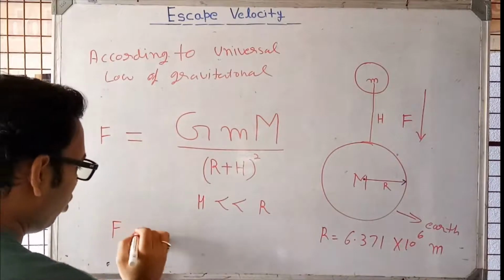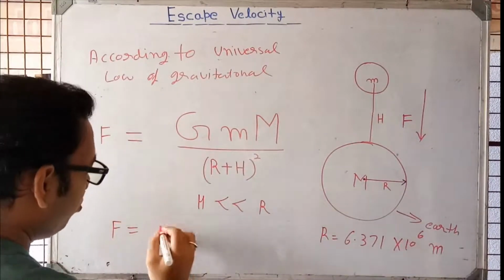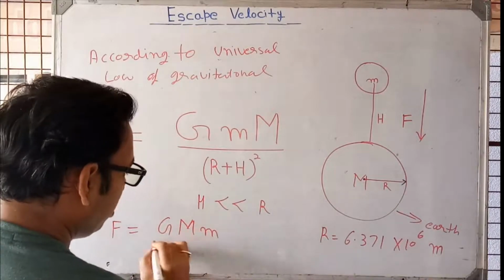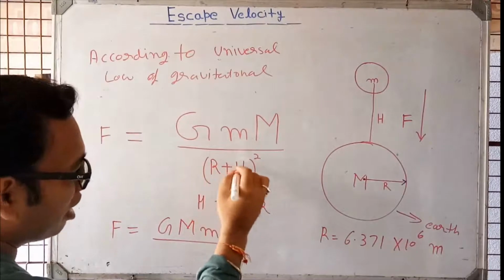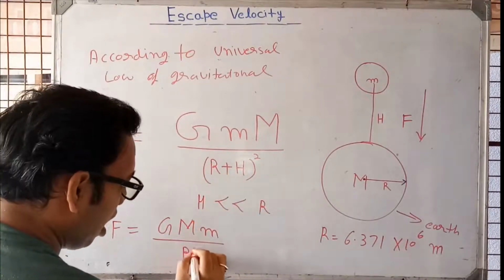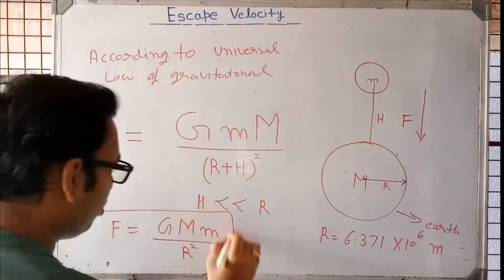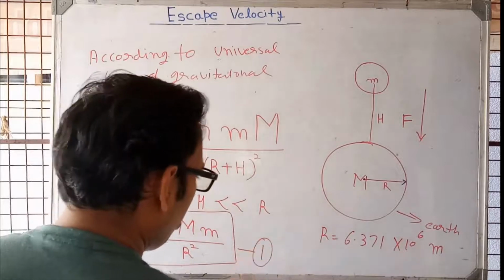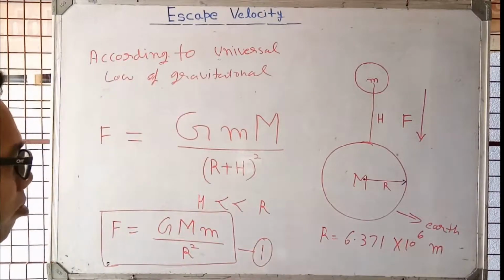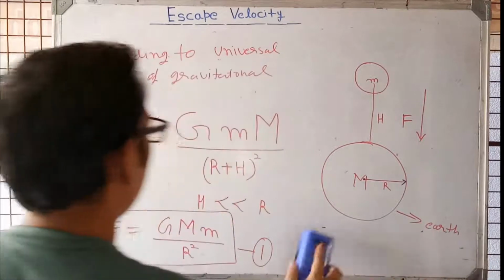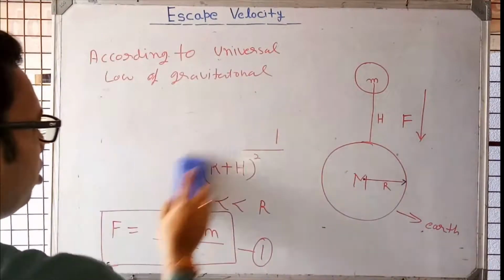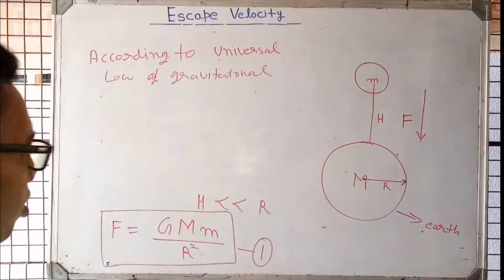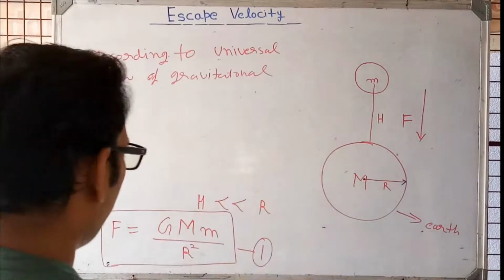So we find that F is equal to G capital M small m divided by R squared, as we neglect this height, where R is the radius of earth. This is our formula number 1, the formula for the force of attraction between earth and object.